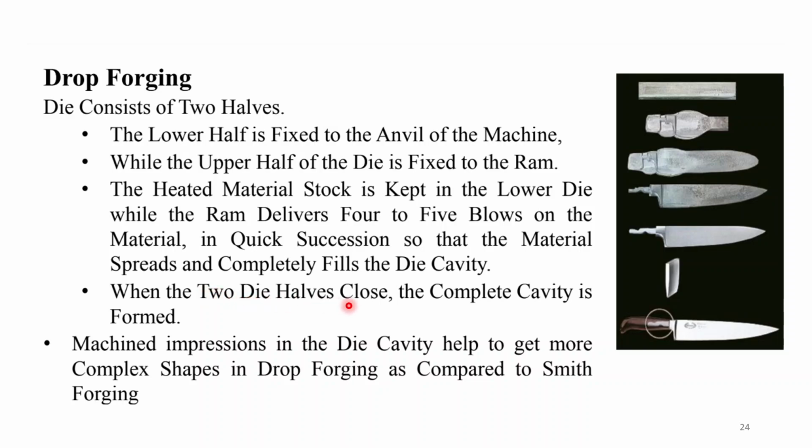When the two die halves close, the complete cavity is formed, and the machined impression in the die cavity can help to get more complex shapes in drop forging as compared to smith forging.